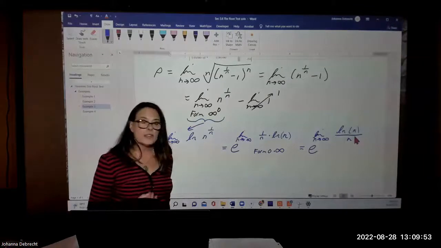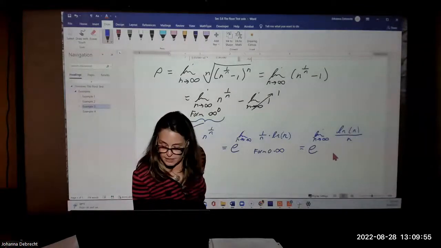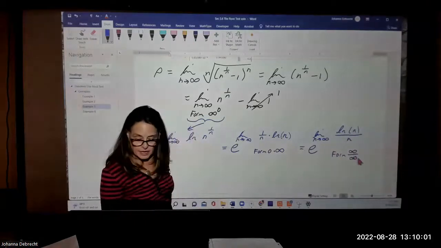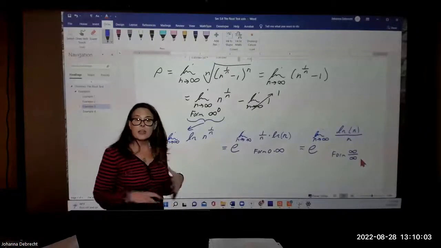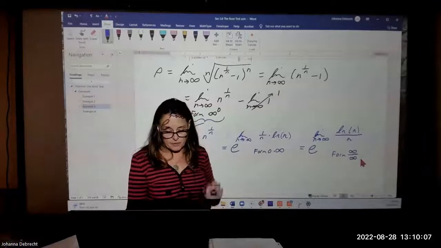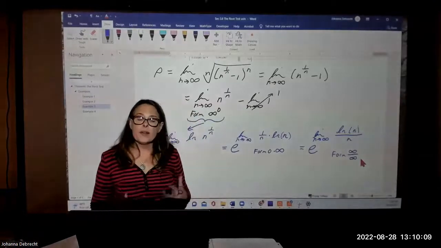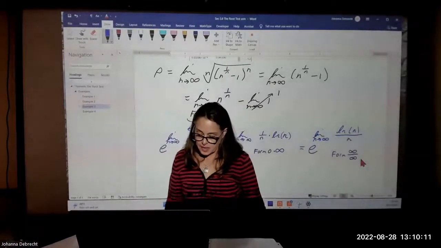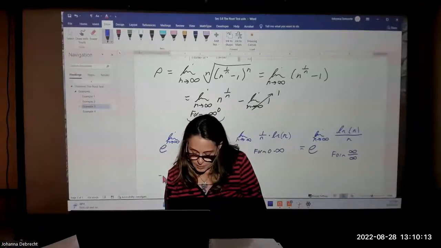And the natural log of n as n goes to infinity has the form of infinity. And the denominator also has form infinity. So I have infinity divided by infinity, which of course is one of the indeterminate forms. And so now I can apply L'Hopital's rule to basic form. So I'm going to apply L'Hopital's rule at this stage.